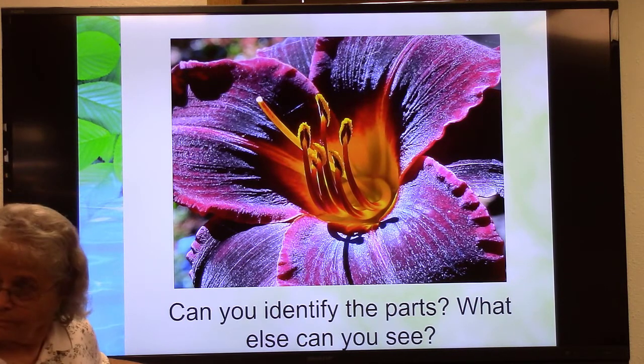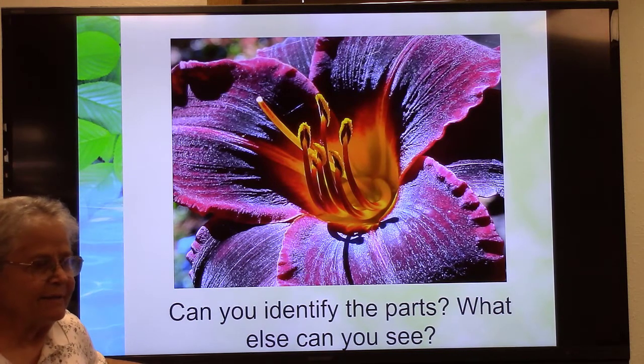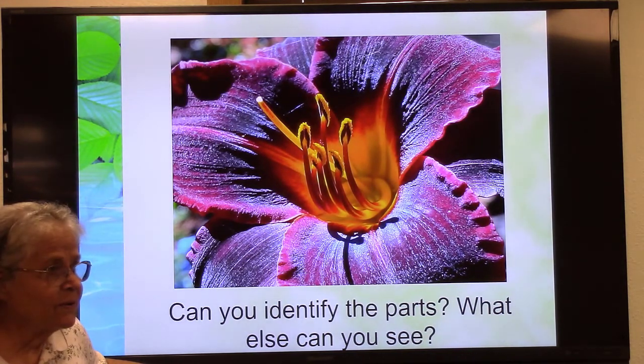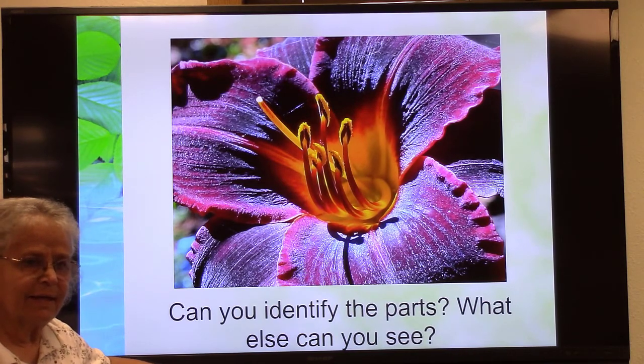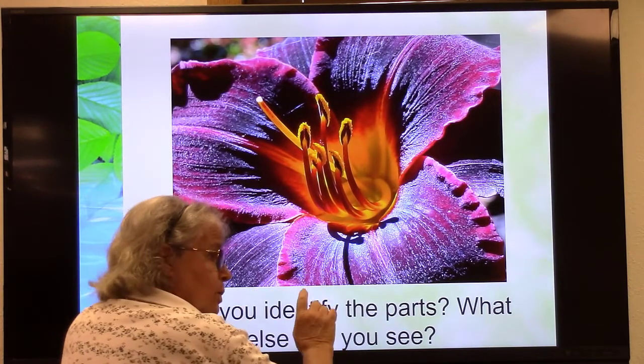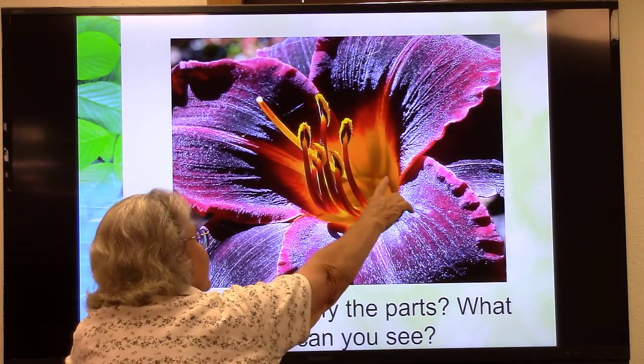Stigma? Stamen. Okay, the whole thing is a stamen. Stigma? No, you're in the wrong gender. Oh, well. Look at your boy parts.